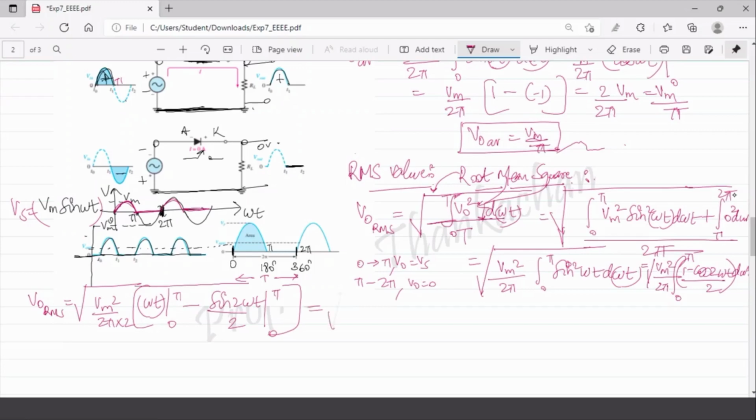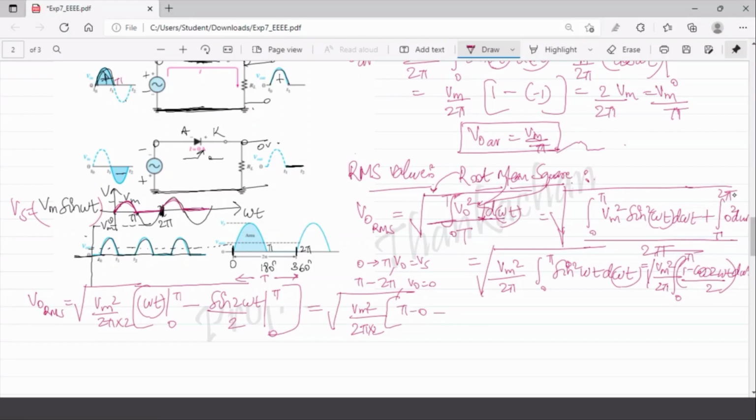This becomes root of Vm square divided by 2 pi into 2, into omega t from pi minus 0, so this will become pi minus 0, minus sine 2 pi, because we have to put the limits.